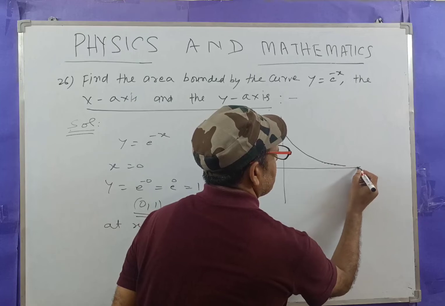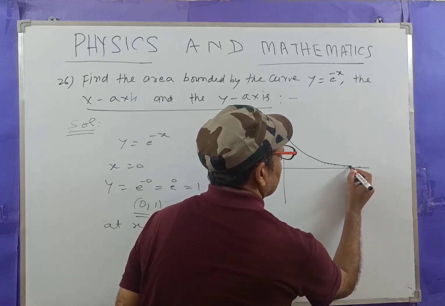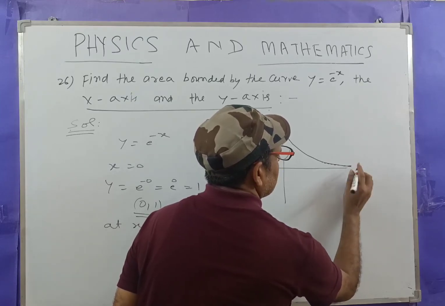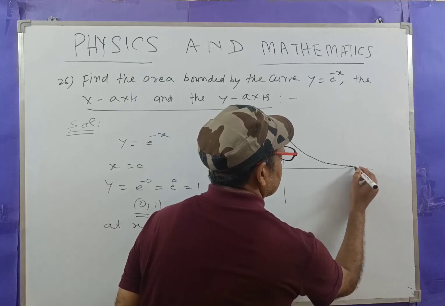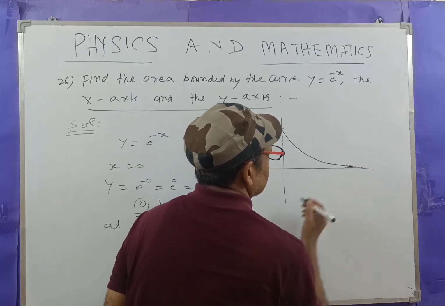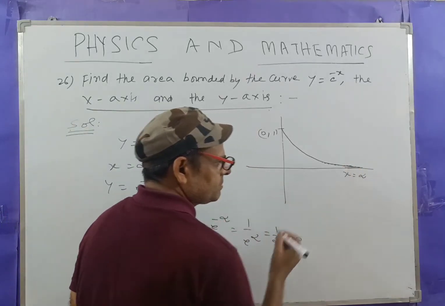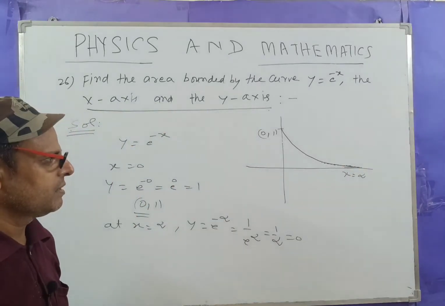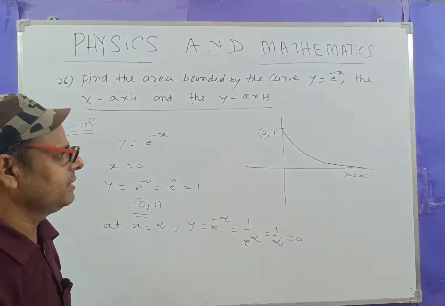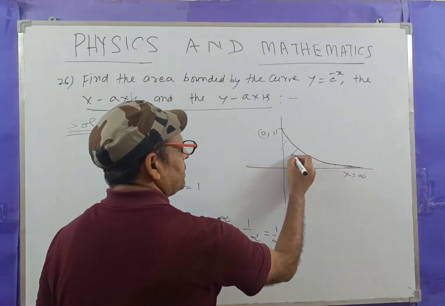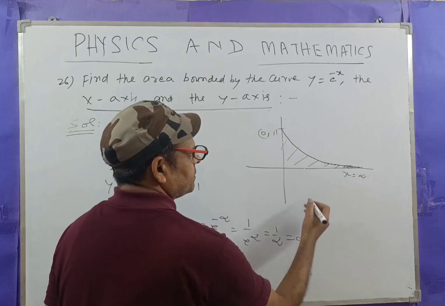As x approaches infinity, y equals 0, meaning the graph gets very close to the axis. You can write this approximately for the sake of convenience to calculate the area. This is the area which you have to calculate.